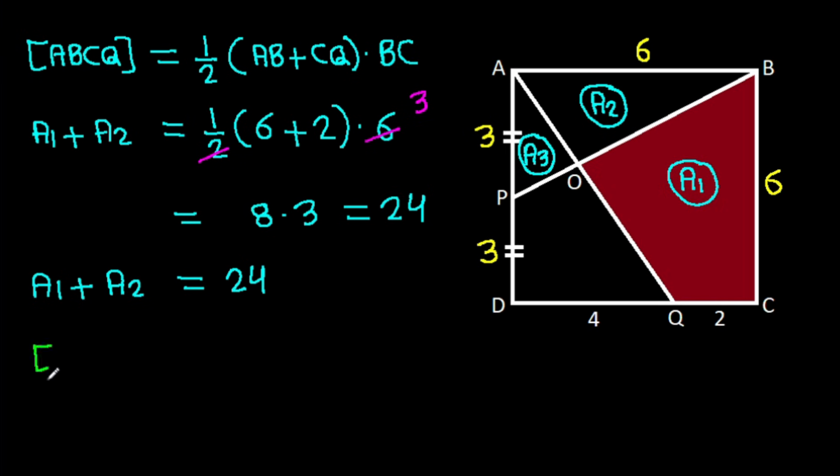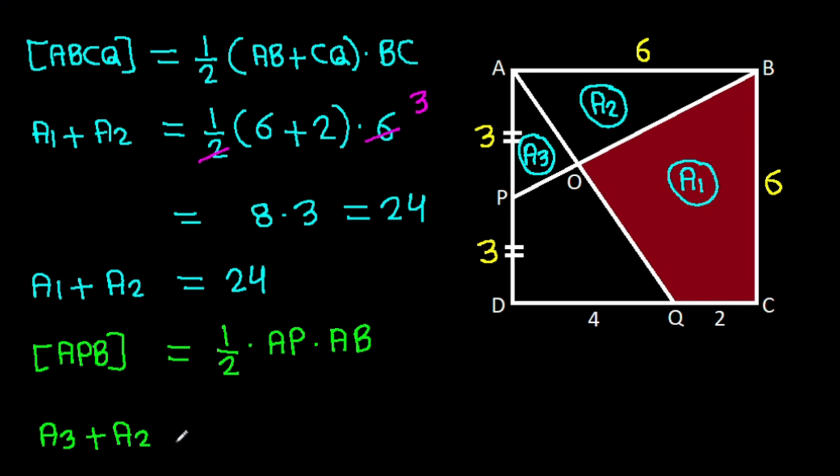And area of APB will be 1 over 2 times base AP times height AB, and area of APB is A3 plus A2, equal to 1 over 2 times AP is 3 times AB is 6, and 2 times 3 is 6.